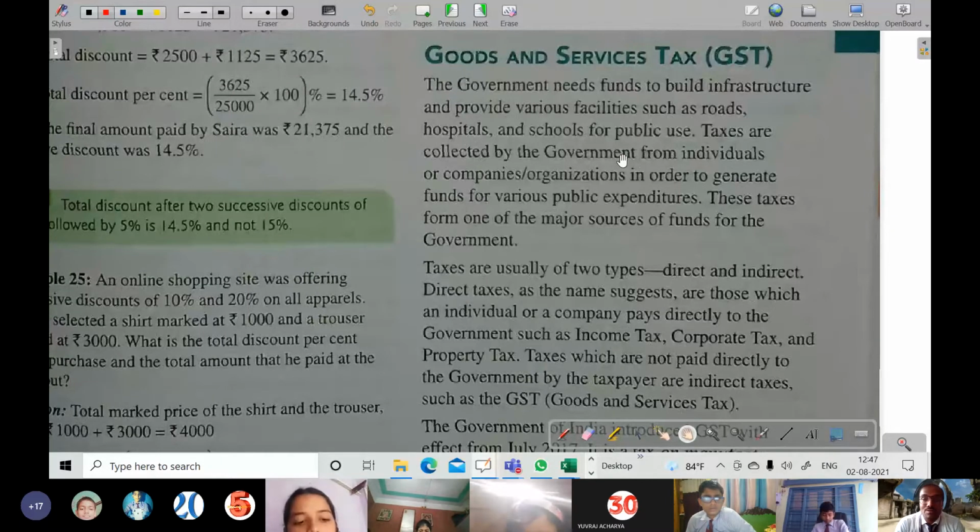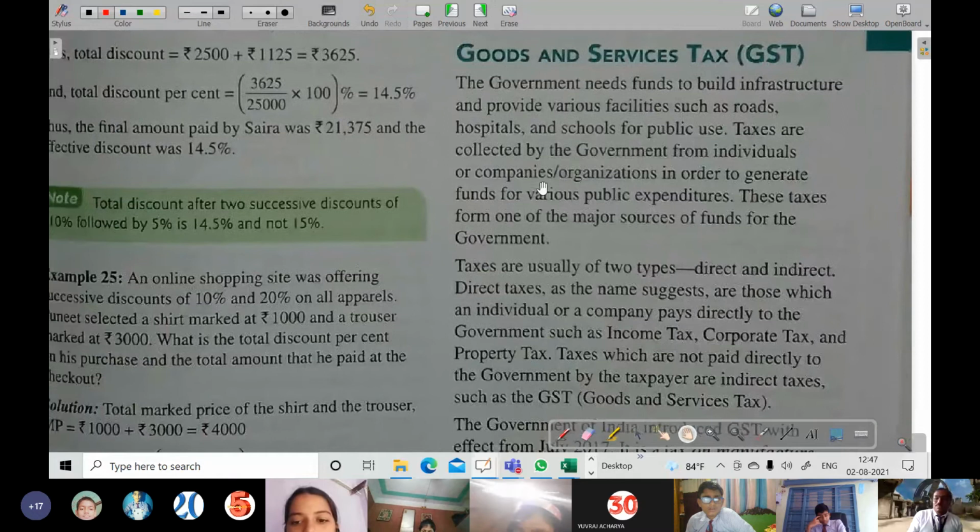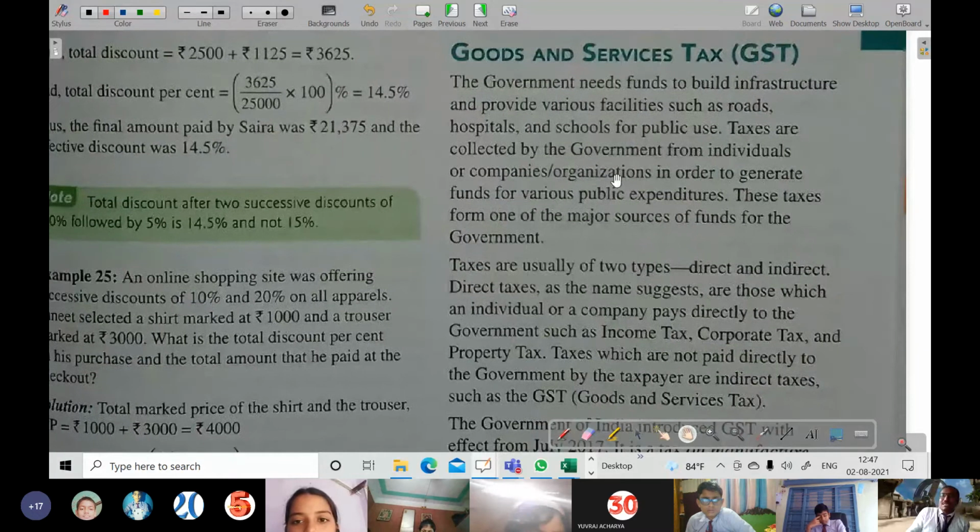Government gets money from where? That's why it has been said, in democracy, government is by the people, for the people, and of the people.